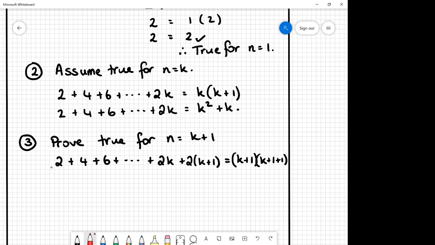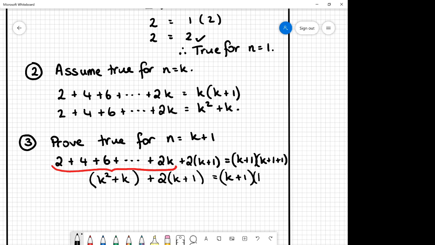The connection here is that all of the numbers there in that red bracket, those are equal to, from the previous part, k squared plus k. Plus 2 bracket k plus 1 is equal to k plus 1 by k plus 2.